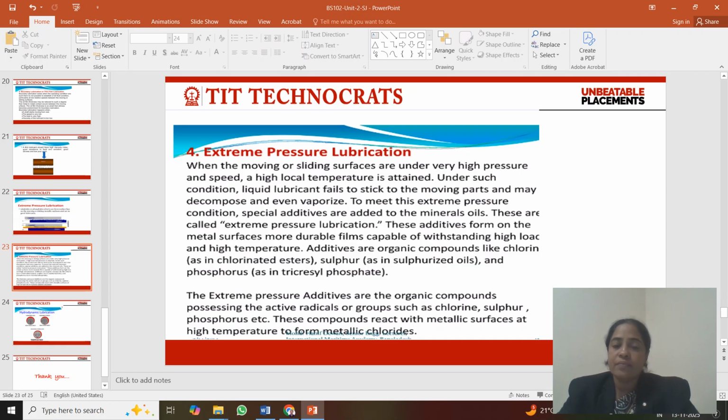Extreme pressure additives are organic compounds possessing active radicals or groups such as chlorine, sulfur, phosphorus, etc., and these compounds react with metallic surfaces at high temperature to form metallic chlorides, and this mechanism makes extreme pressure lubrication more acceptable for the machinery parts.